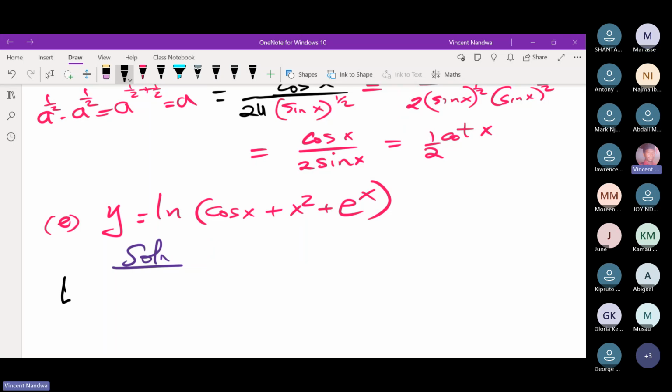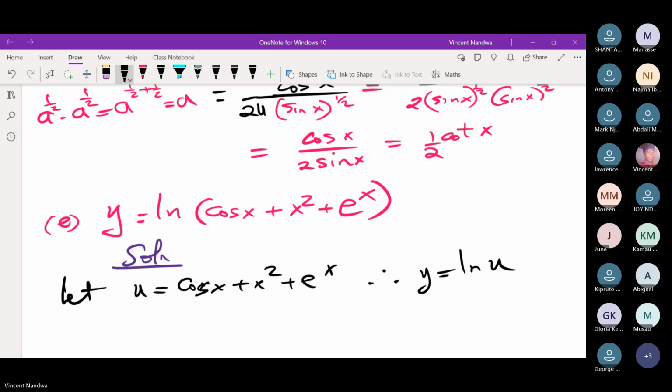So we let u be cos x plus x squared plus e power x. By doing that, we'll have y equals ln of u.